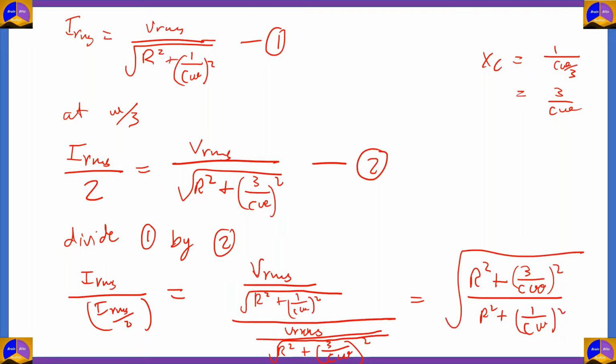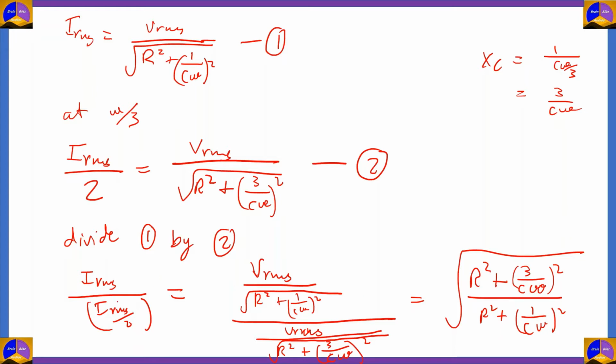Basically, what happens is we cancel out VRMS, so it will be 1 by under root of R square plus 1 by C omega square, divided by 1 by under root of R square plus 3 by C omega, the whole square. So it's 1 by and 1 by, so their positions get switched, and it will be of the form R square plus 3 by C omega, the whole square, divided by R square plus 1 by C omega, the whole square, everything under a root.